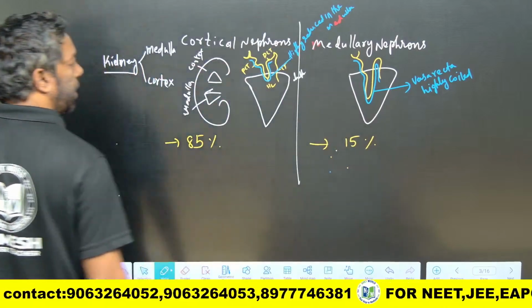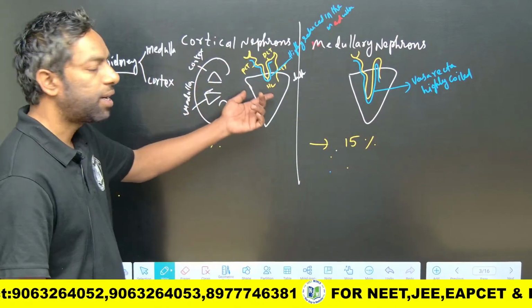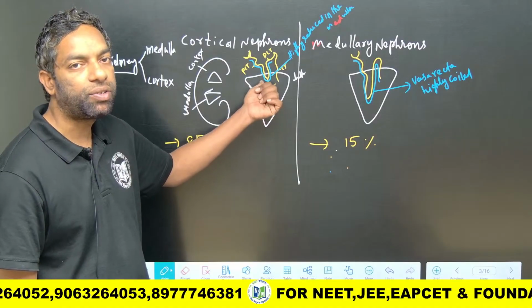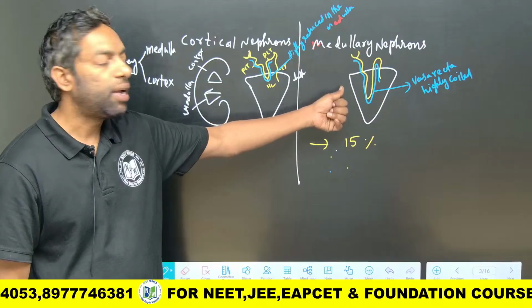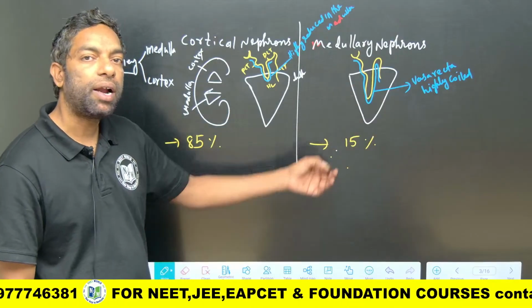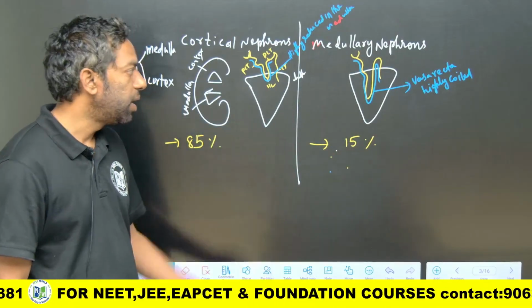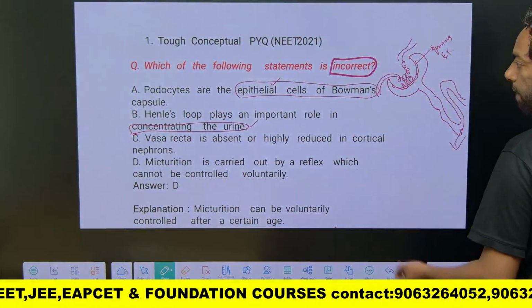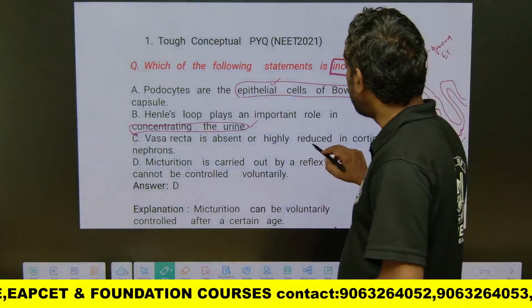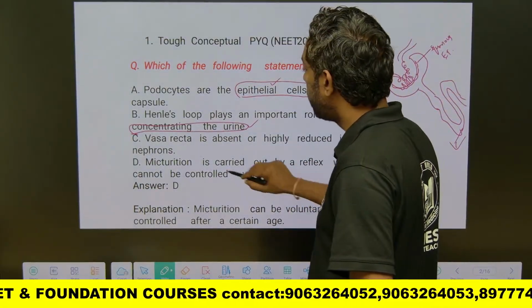Vasa recta and Henle's loop are highly reduced or absent in cortical nephrons, while the vasa recta goes deep into the medullary pyramid, and the Henle's loop as well. I hope you understand this. So vasa recta is absent or highly reduced in the cortical nephrons, of course, right.